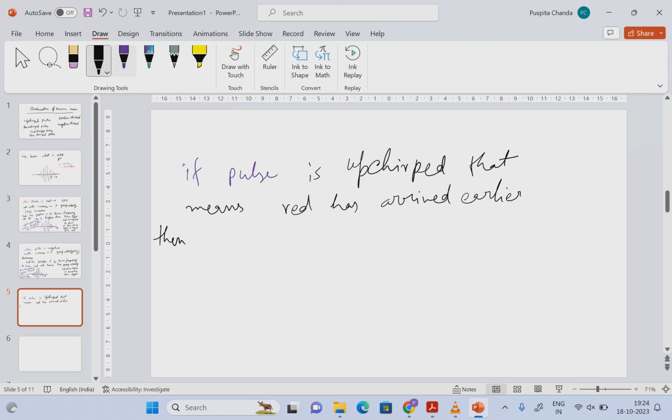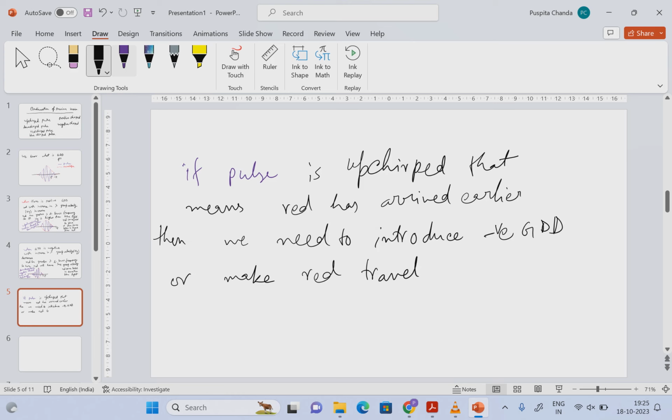Then we need to introduce negative GDD or make red travel a longer path.